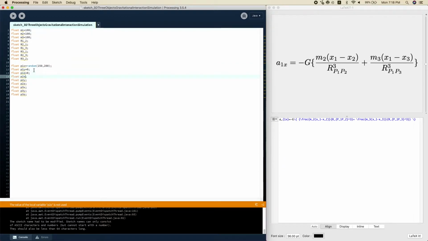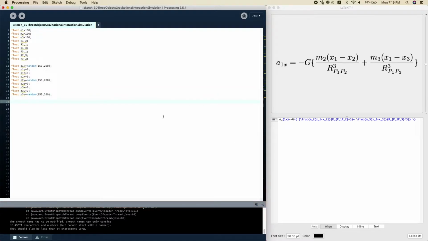For P2, our y coordinate would be assigned a random value between 150 and 200 again, and the x and z are given a coordinate of 0. The same here: x and y will be assigned 0, and its z coordinate would be given a random coordinate.